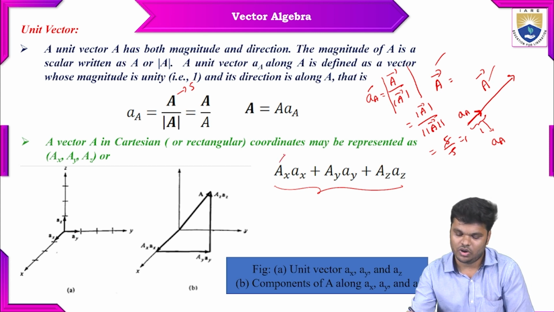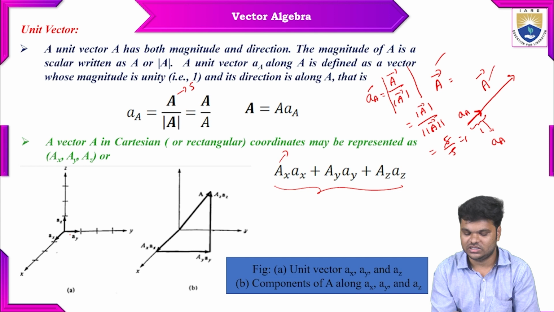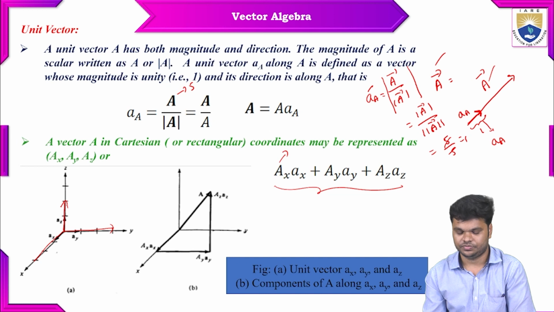And this one is a component of vector A along this direction, and this one is the component of vector A along this direction, and this one is the component of vector A along this direction.